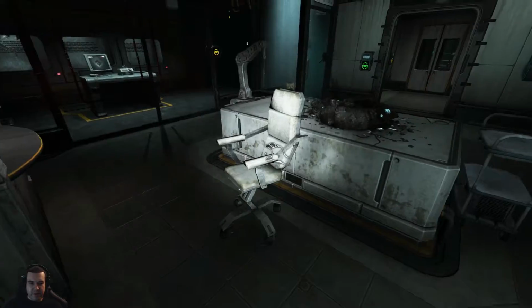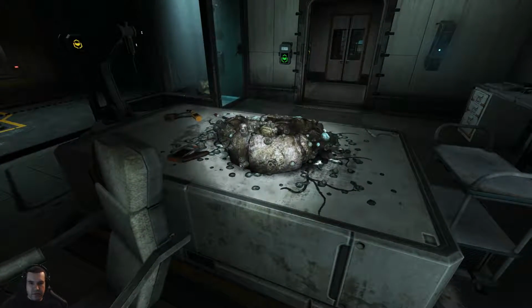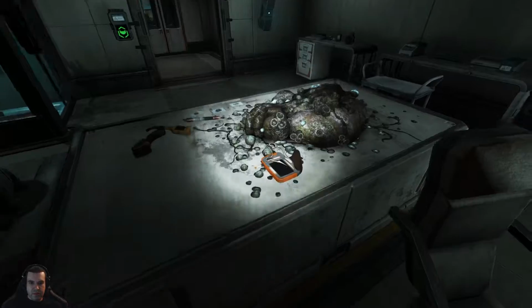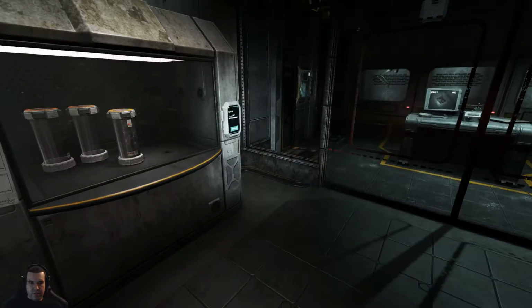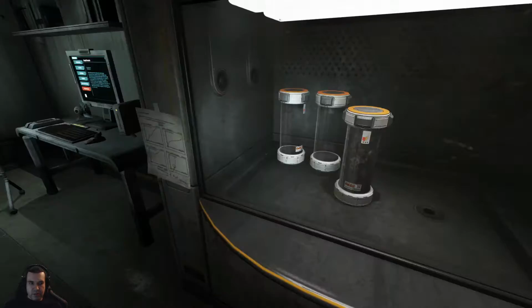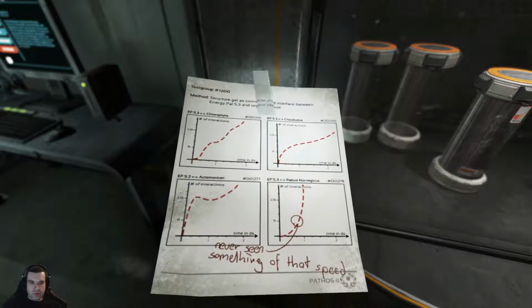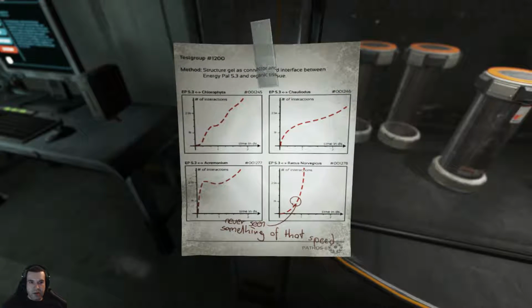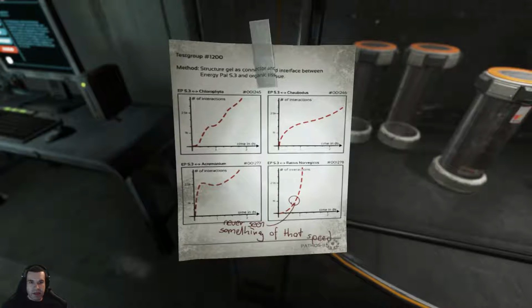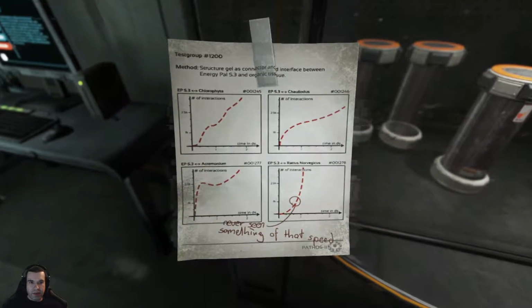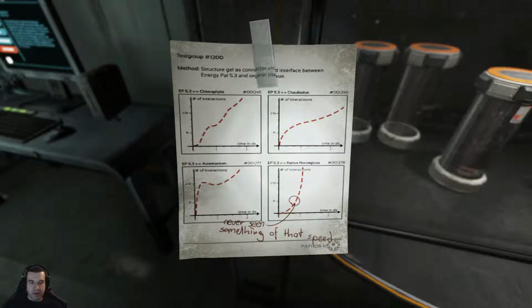Well, that sucks for these people. Test group 1200. Method: structure gel as connector and interface between Energy PAL S3 and organic tissue.